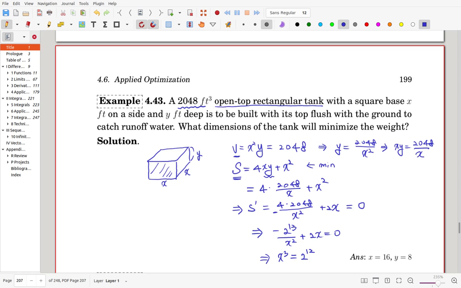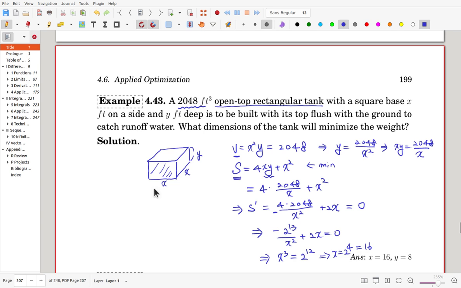So we can see that x equals 2 to the 4, which is the same as 16. When x is 16, from that equation you can find y equals 8. Okay, so we found the dimensions.